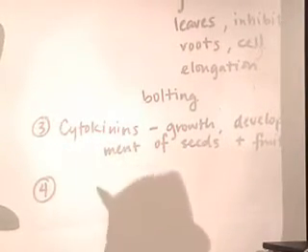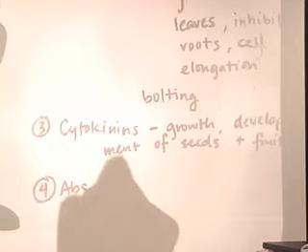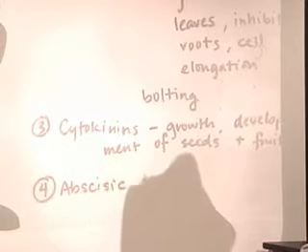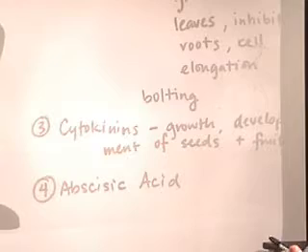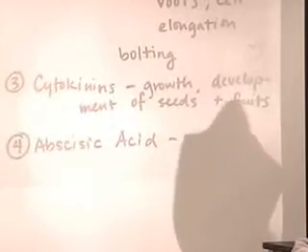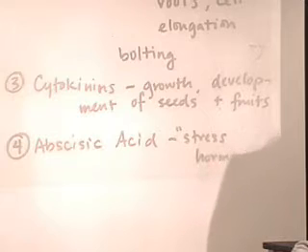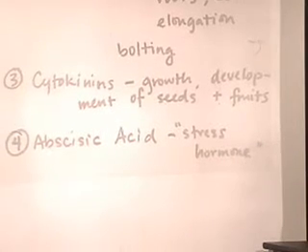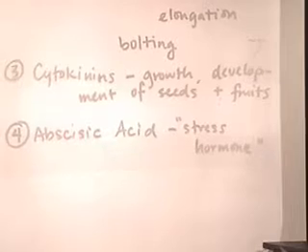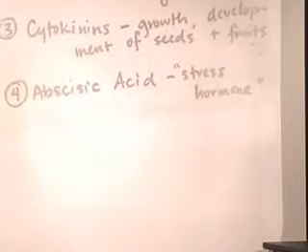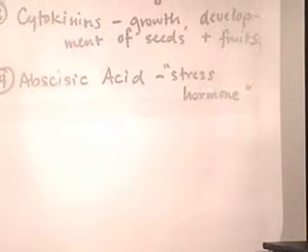Fourth hormone is a hormone called abscisic acid. Okay, this is like your plant's stress hormone. Because abscisic acid tends to act in situations where your plant needs to deal with some sort of external stressor. Let's say there's a drought or stuff like that. Okay?